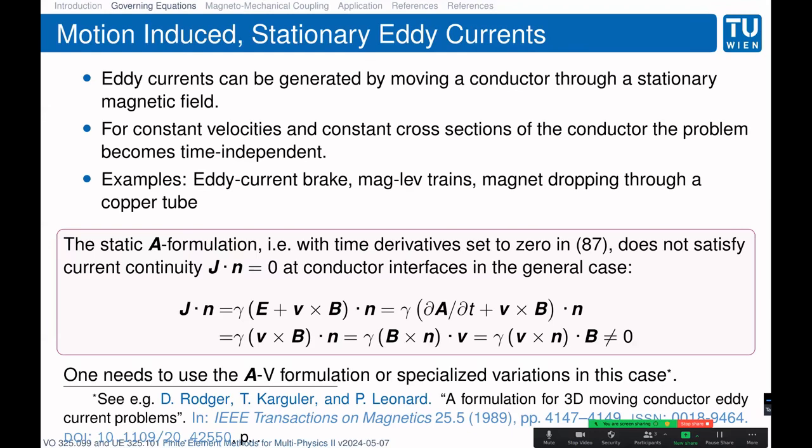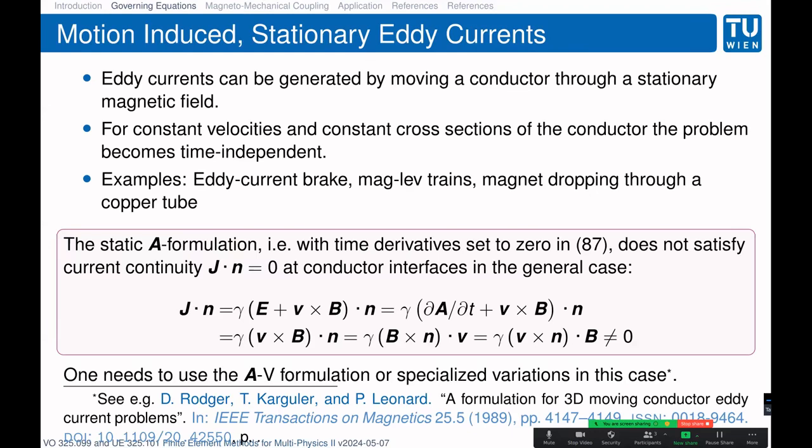So if we drop the time variation, because we said this problem is purely static, we end up with only (v×B)·n. And if you take the triple product rule for the cross product and the scalar product, you can reformulate this and you end up with (v×n)·B. That should be 0.